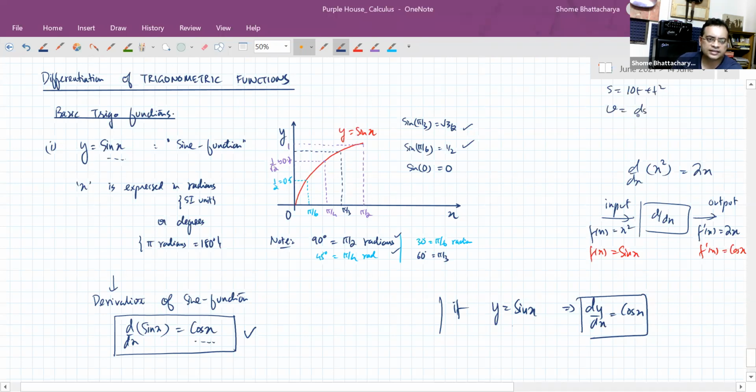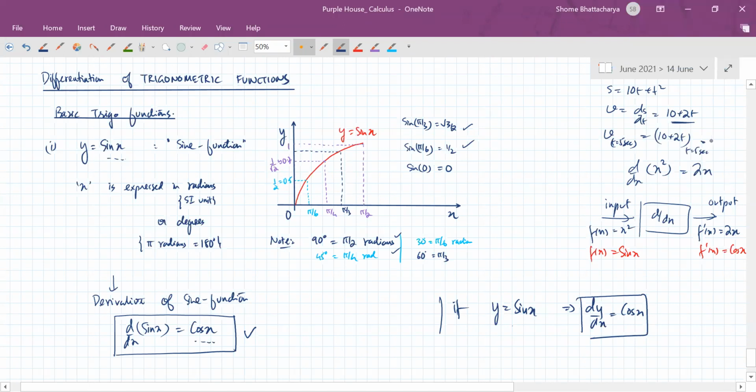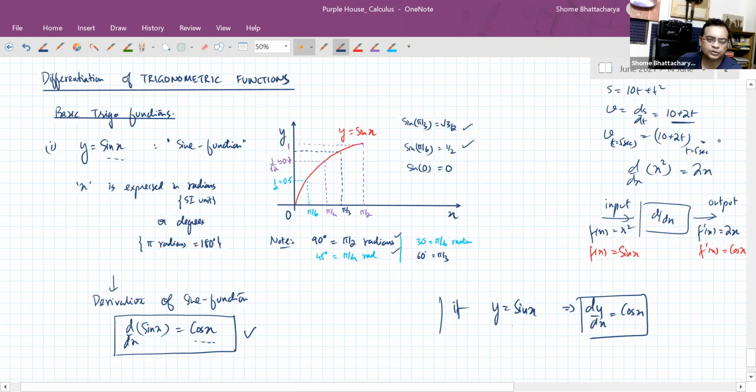Then that is directly the derivative, which is 10 plus 2t. But if we are asked to find the instantaneous velocity at t equal to 5 seconds, then in this formula we substitute t as 5 seconds. Then the value becomes 10 plus 2 into 5, so it will become 20 meters per second.